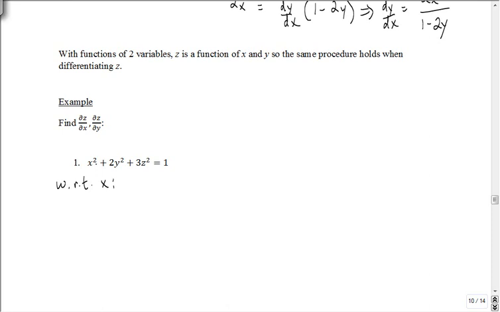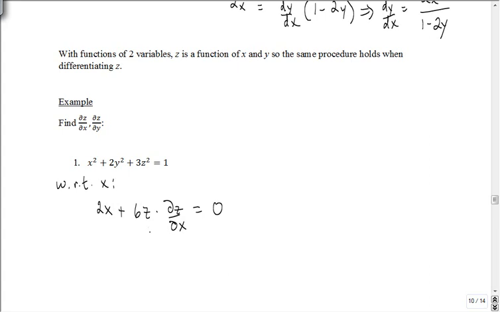Partially differentiate x squared with respect to x is 2x. Partially differentiate 2y squared is 0 because it's a constant. Plus, partially differentiate 3z squared is 6z, but we need to multiply it by partial z partial x, equals partially differentiate 1, you get 0.